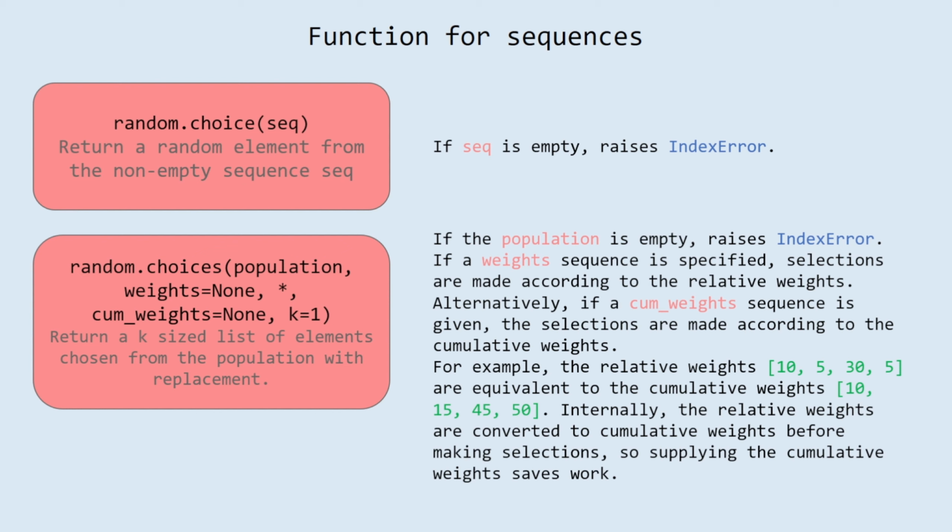Alternatively, if a cum_weights sequence is given, the selections are made according to the cumulative weights. For example, the relative weights 10, 5, 30, 5 are equivalent to the cumulative weights 10, 15, 45, 50. Internally, the relative weights are converted to cumulative weights before making selections, so supplying the cumulative weights saves work.